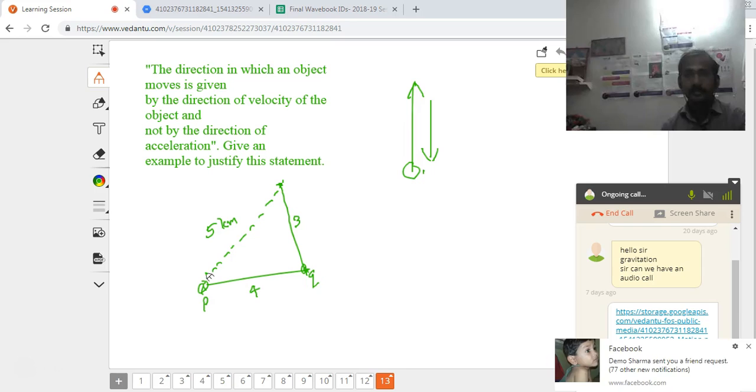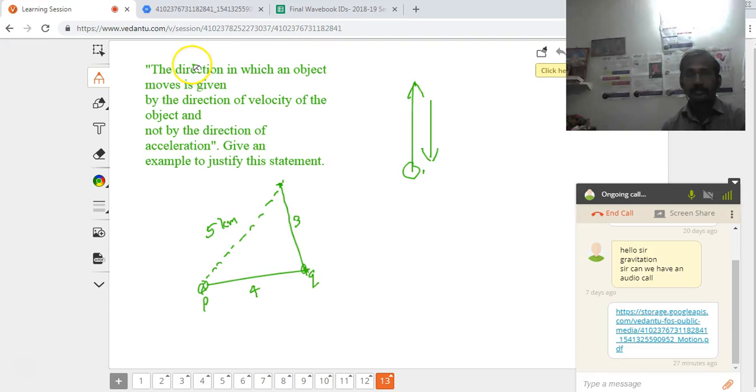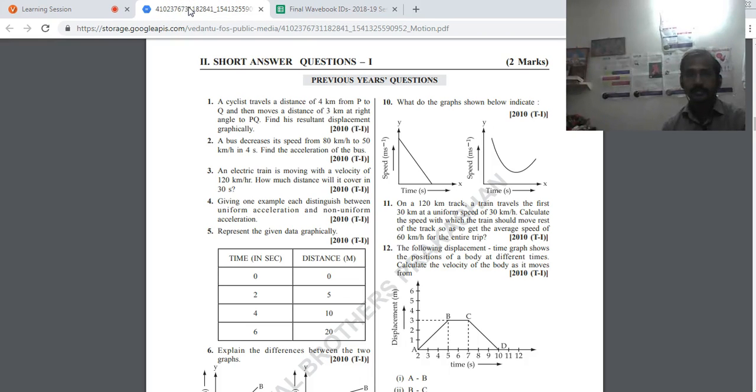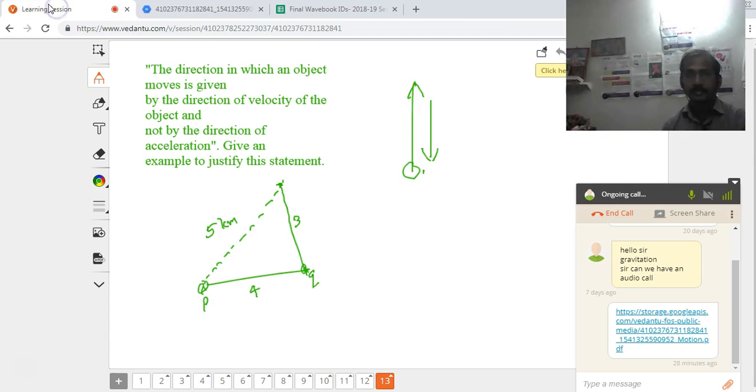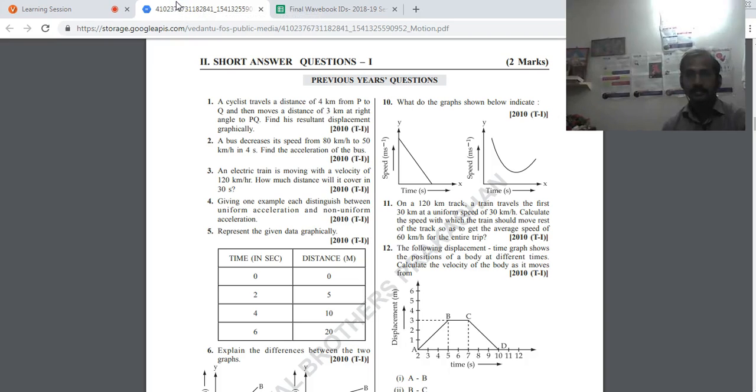When we draw the graph, suppose the O point where we mark is P, and the up one, the distance one, is Q. So P to Q is 4, and then it moves a distance of 3 kilometers at right angle to PQ, meaning let's say one more point S. So from that we make one more line.